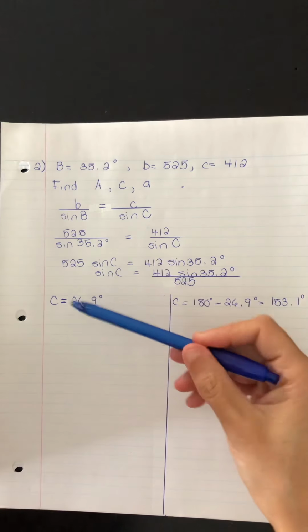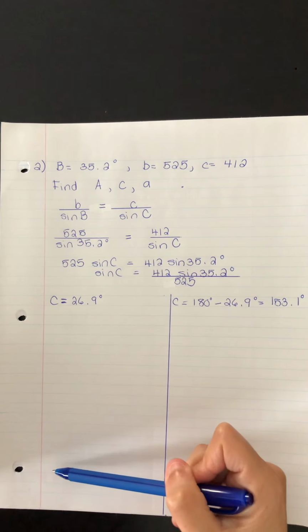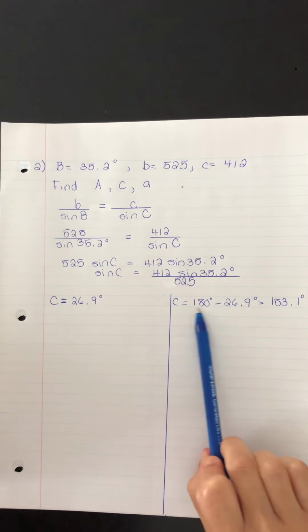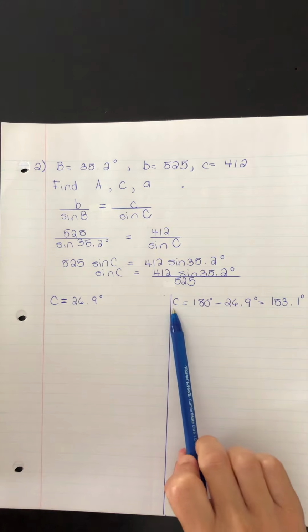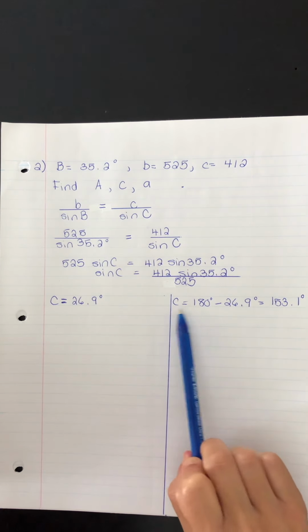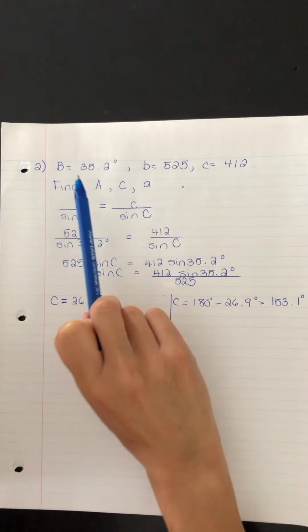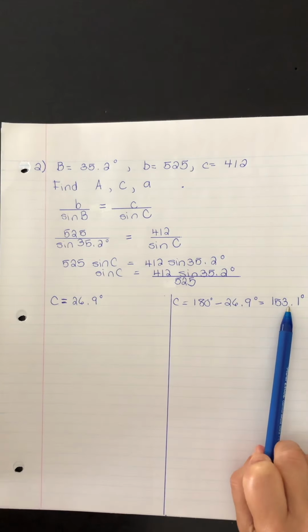And then we would continue from there to find angle A and side A on the left, and here also angle A and side A. But there's a problem this time with this right-hand value of 153.1 degrees for angle C. Can you see what's wrong about this problem? Remember, we already know angle B. The problem with this value is it's already too large for the triangle.